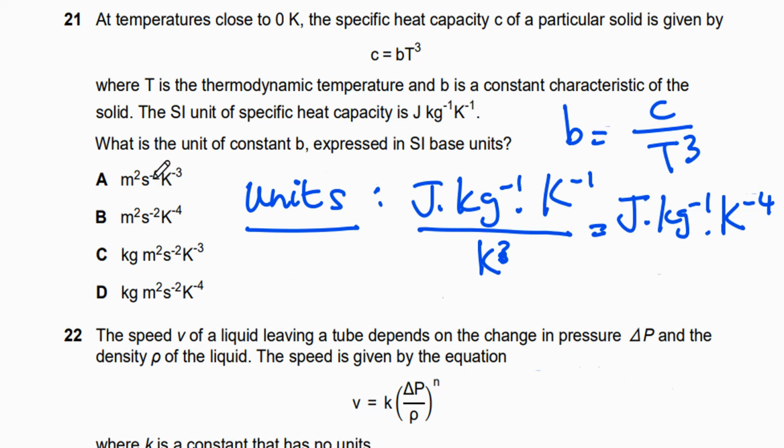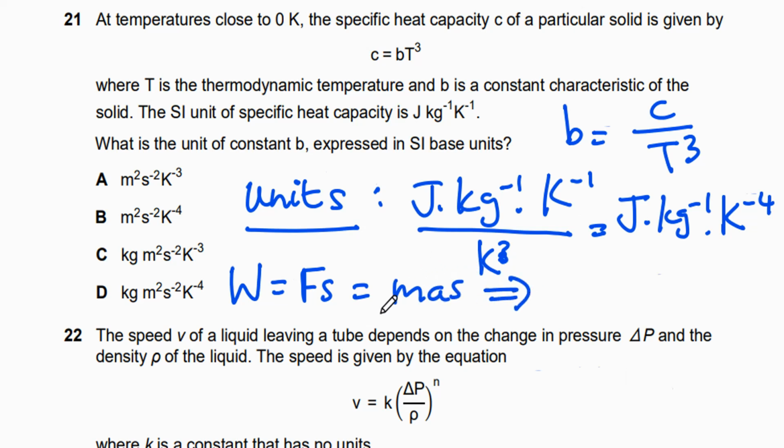Now, note that in these options, we do not have a J for joule. So we need to replace the joule here with its SI base units. And we know that we use the joule to measure energy with. So energy equals work done, which is force times displacement. F equals MA, so MAS.